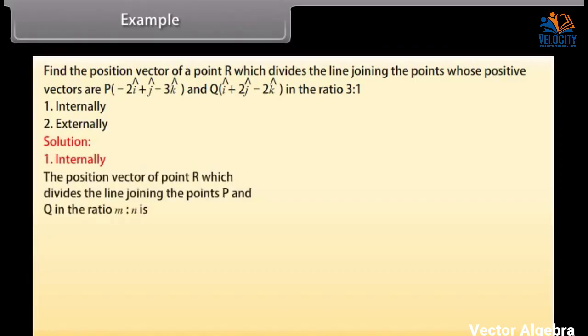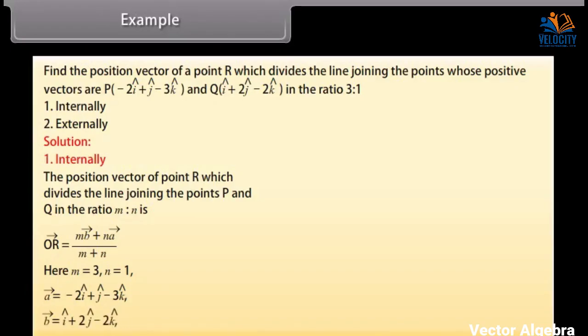The position vector of point R, which divides the line joining the points P and Q in the ratio m:n, is vector OR equals (m vector B plus n vector A) by (m plus n). Here, m is equal to 3, n equals 1. Vector A equals minus 2i plus j minus 3k. Vector B equals i plus 2j minus 2k.